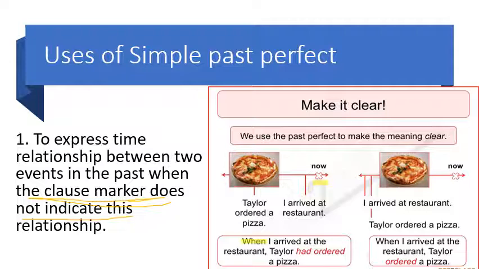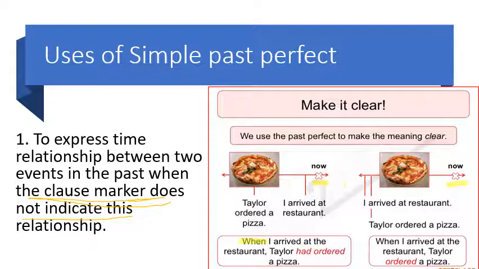My time expression, or the clause marker, is when. Let's compare this sentence with the other one. Okay, I have the picture of pizza and this is now, the current moment of speaking. And these are the two events which are before the picture of pizza.